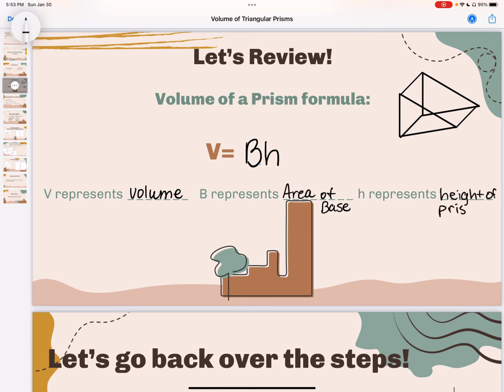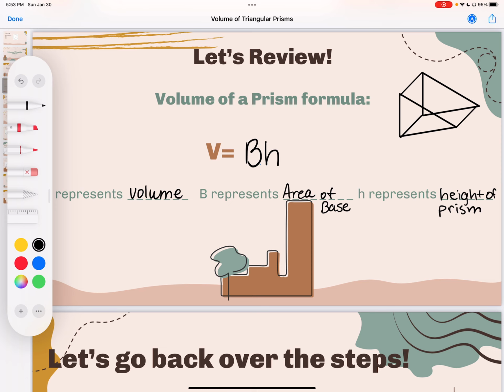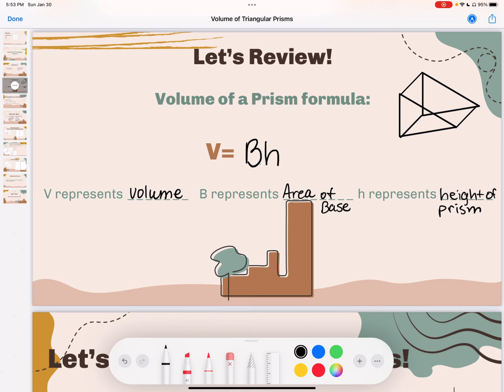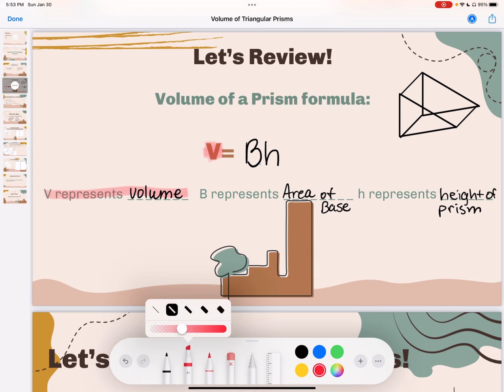So to dissect this a little bit more, our V is our volume, and that's going to be what fills in that prism. Then we have our big B, which is the area of our base.